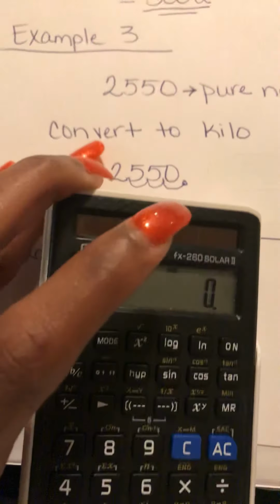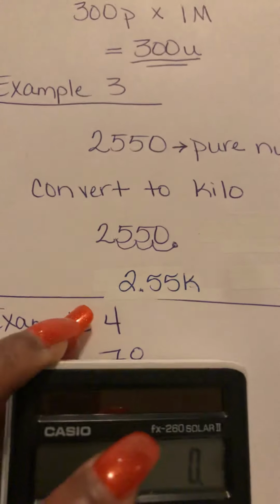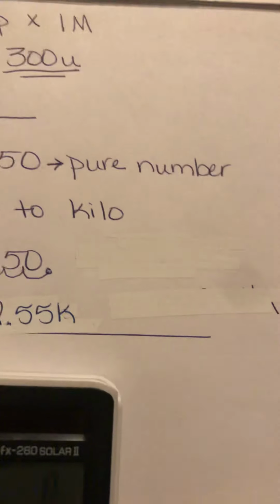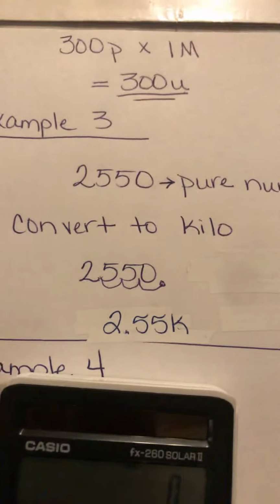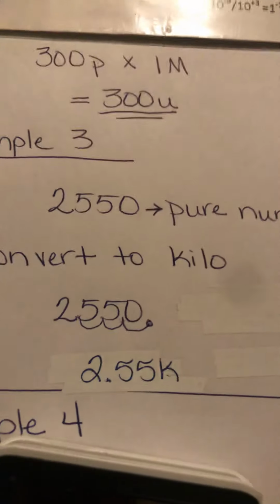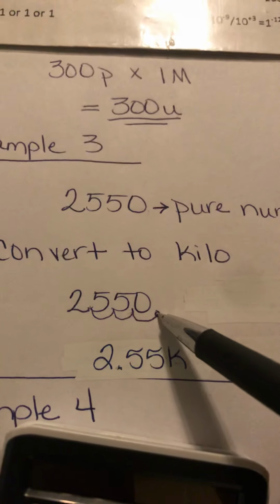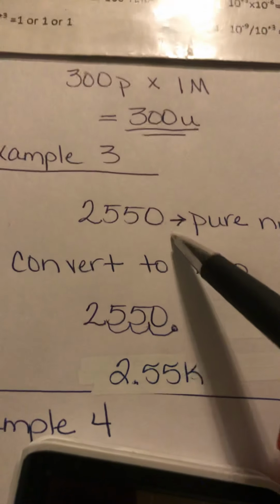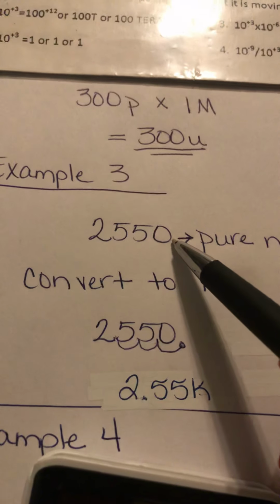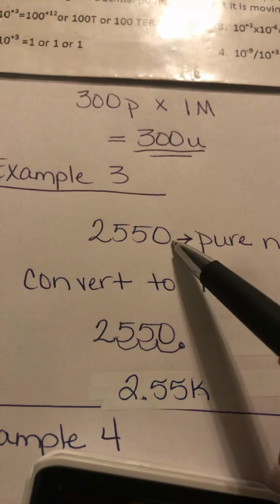I'm going to clear that out. And now we're going to do example 3. Example 3 is a plain number, which is 2,550. Is just a pure plain number. And we want to convert that to kilo. So if we did that to kilo, I have my pen marks already here. 2,550 is a plain number, so we assume that our decimal is at the end of that number.